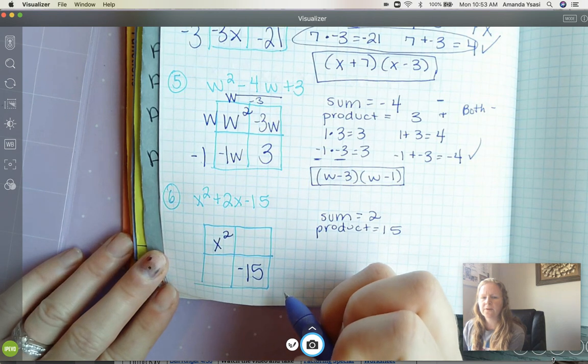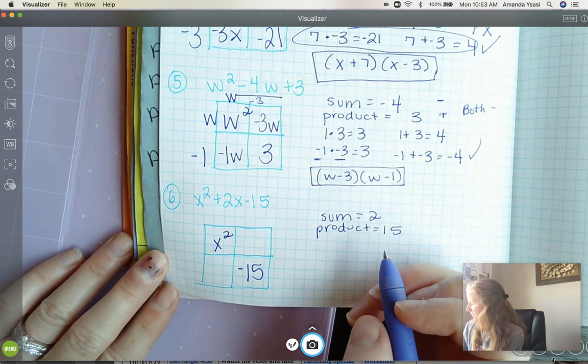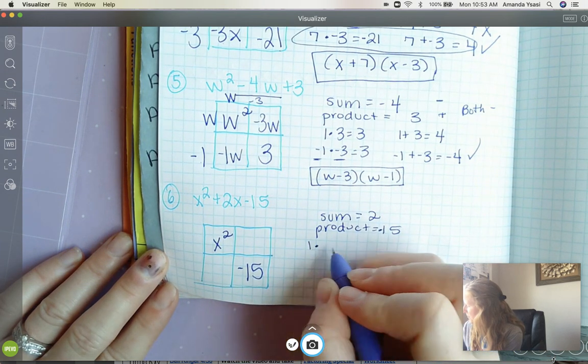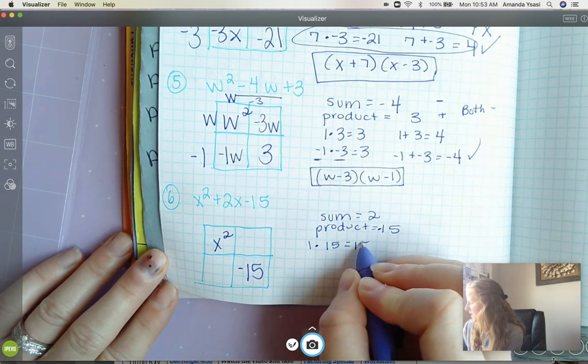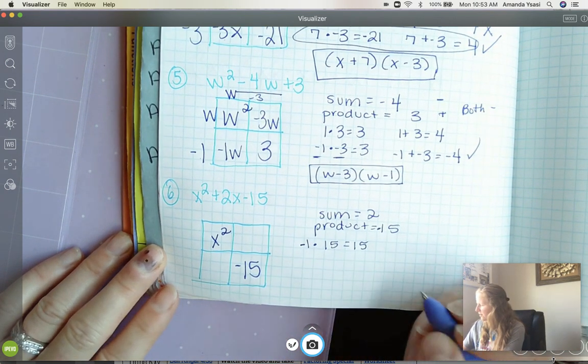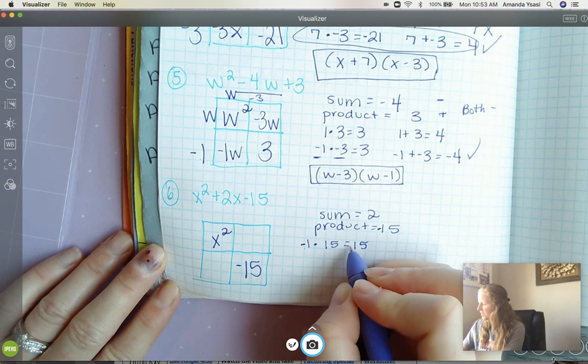So we're looking for a sum of 2 and a product of negative 15. All right, so 1 times 15 is positive 15, but we want a negative 15. So one of them is going to have to be negative. So let's put a negative 1 here. Negative 1 times 15 gets negative 15.